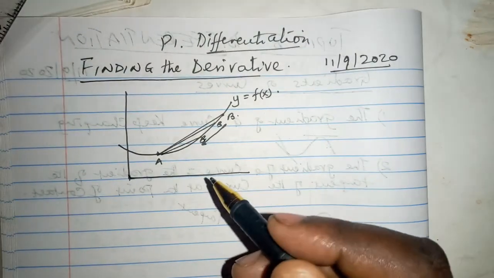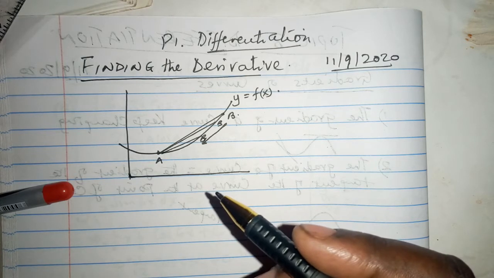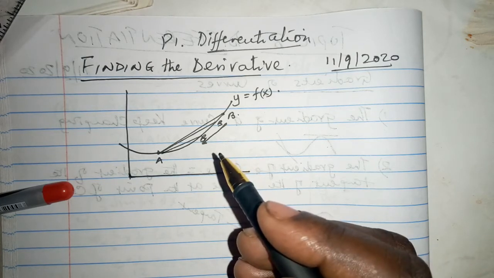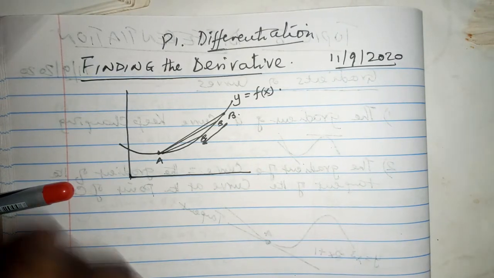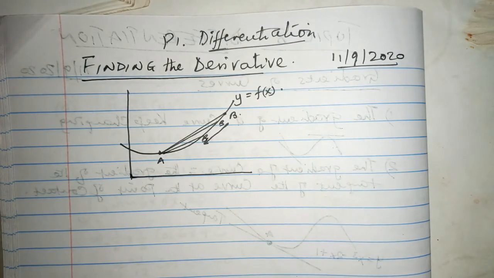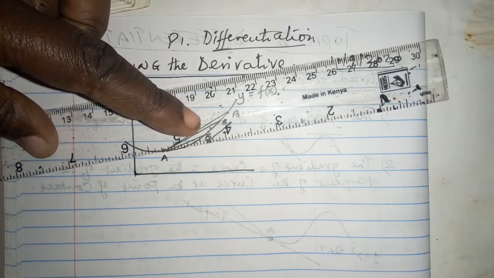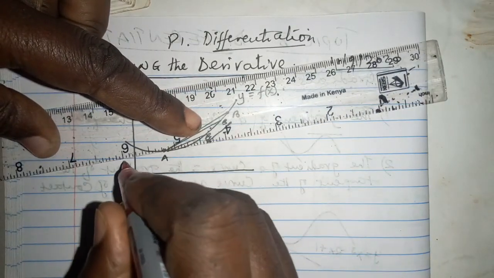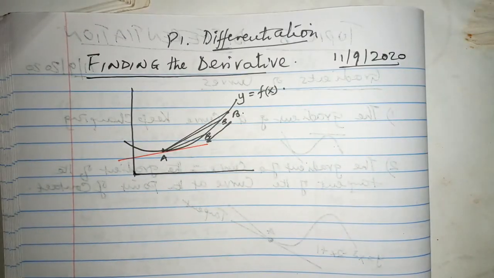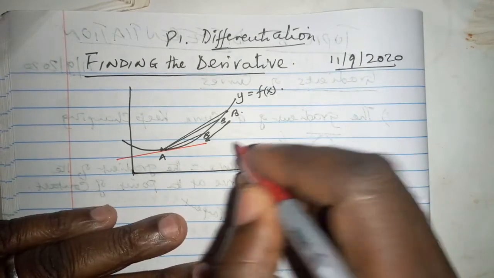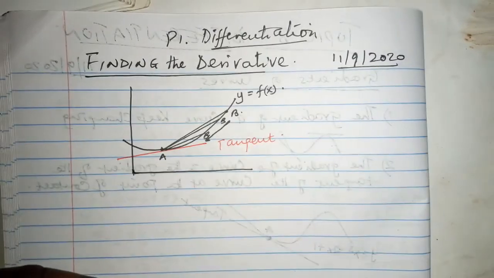So as B moves closer to A, the gradient of chord AB gets closer to the gradient of the tangent of the curve at point A. We happen to have the tangent of the curve at point A, and we said the tangent is the line that touches the curve at one point. That is the tangent.